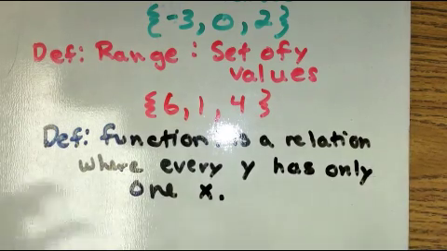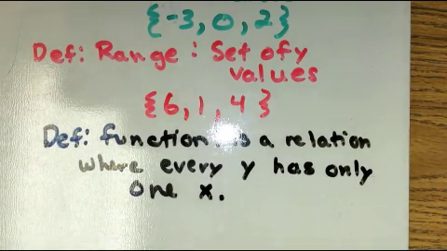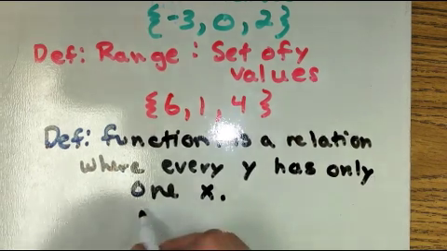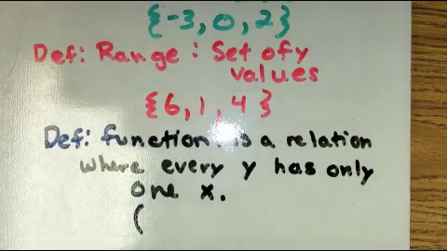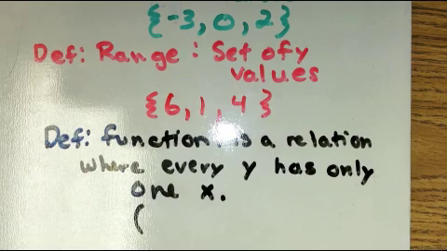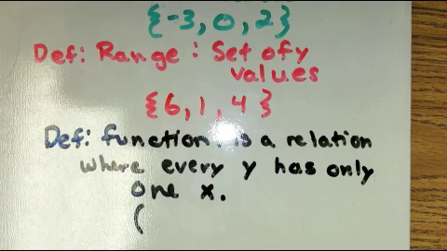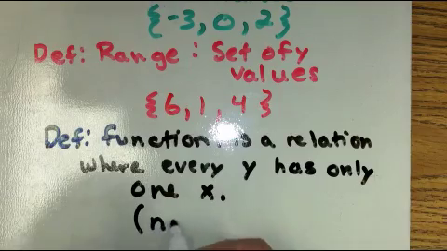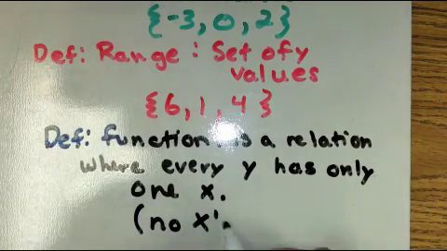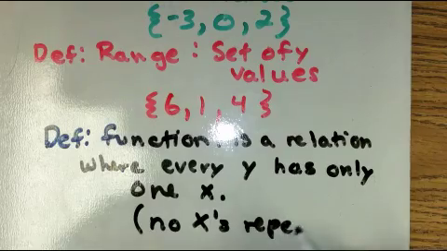Can we kind of summarize this definition into something maybe a little bit easier for you guys to remember? Absolutely. Okay, it's basically you can't have any x's repeating. If you have an x repeating, we got some issues. Okay, does that make sense? So no x's repeating.